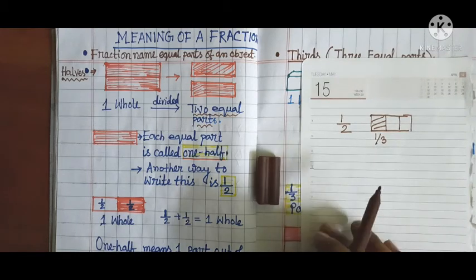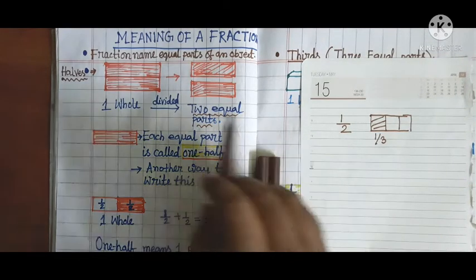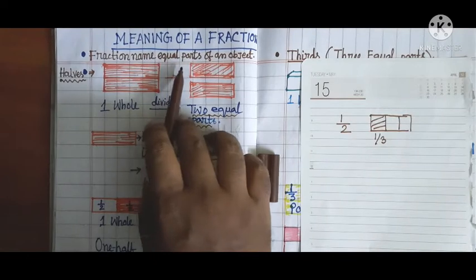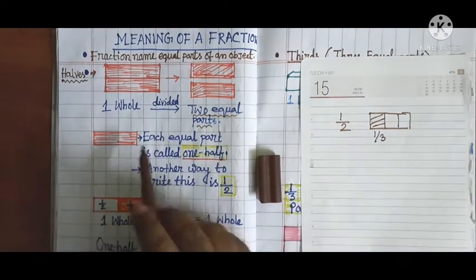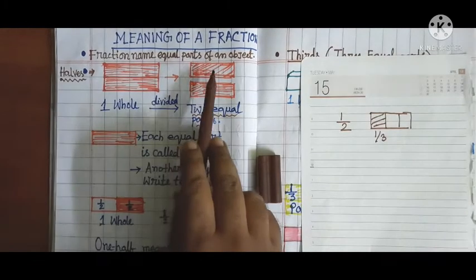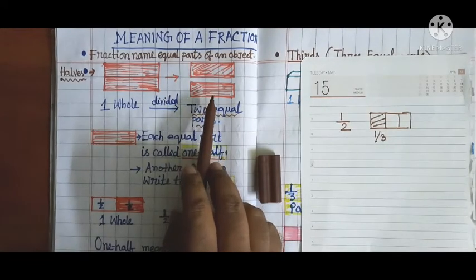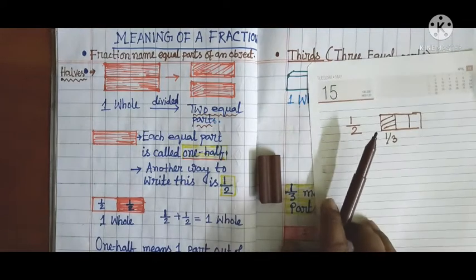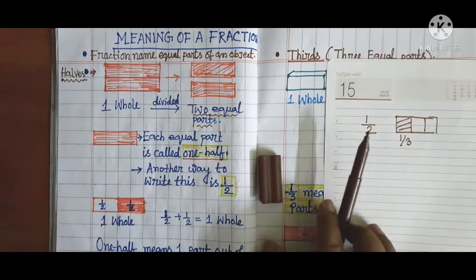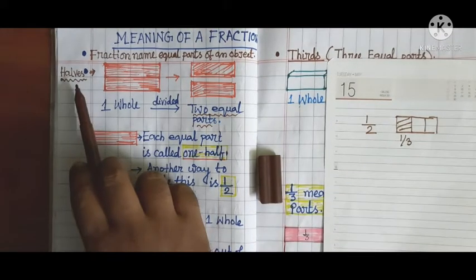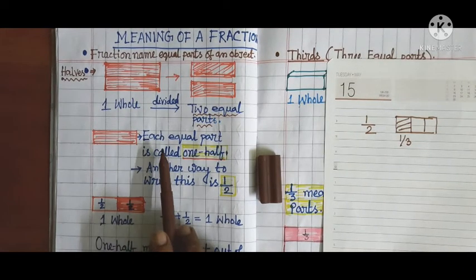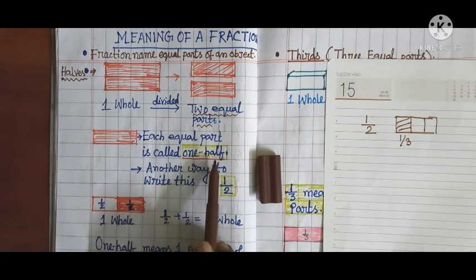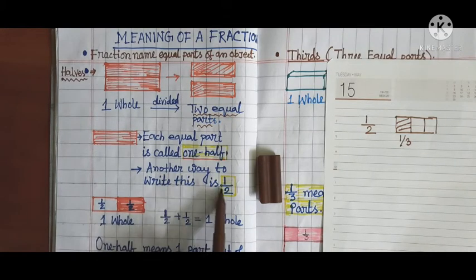Okay, then a fraction names equal parts of an object. So the chocolate is first divided into two equal parts, and each equal part is called a half.